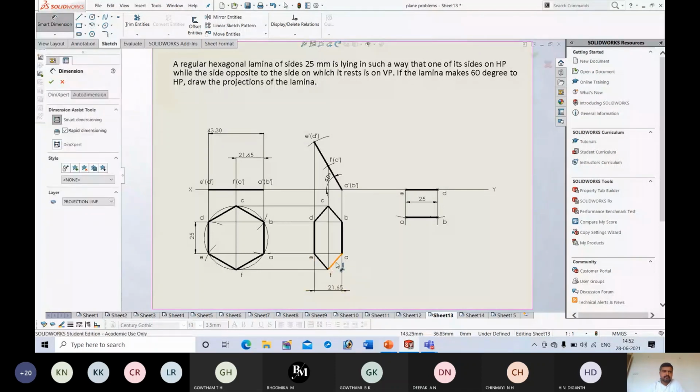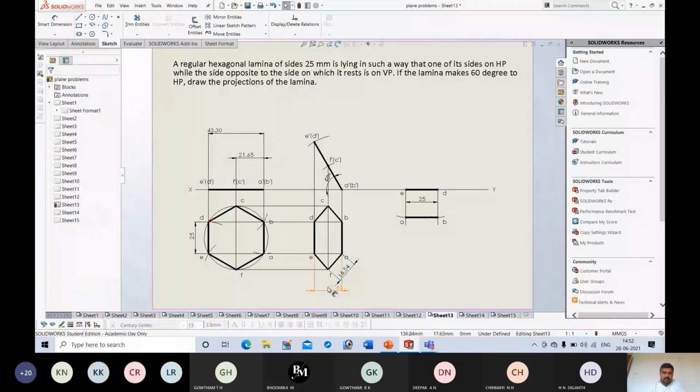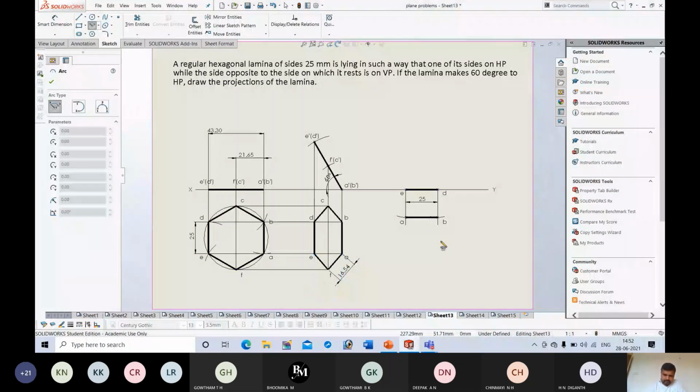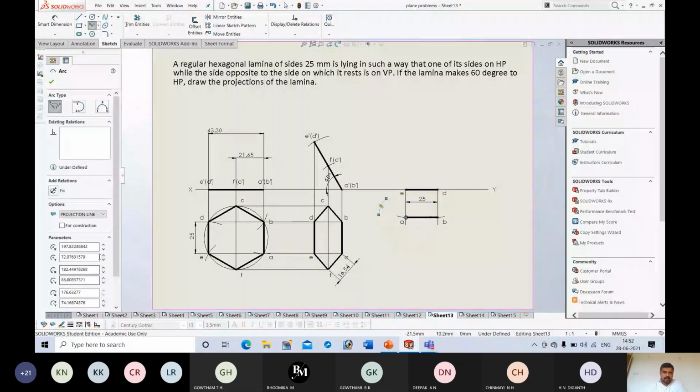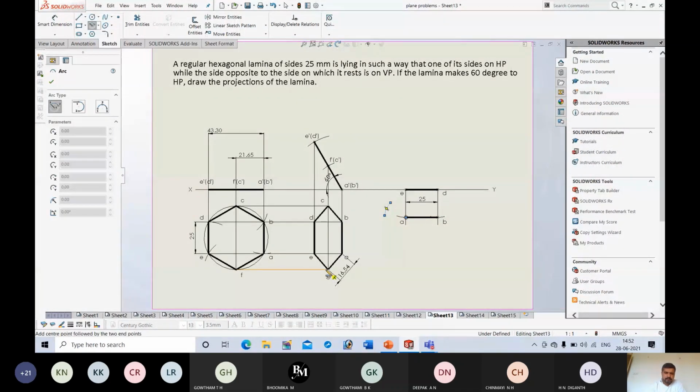With A as center and the radial distance between A and F, I will draw an arc. Again, the radial distance between A and F and D and F are both the same. So with the same radial distance, I will draw one more arc. So this is point F.